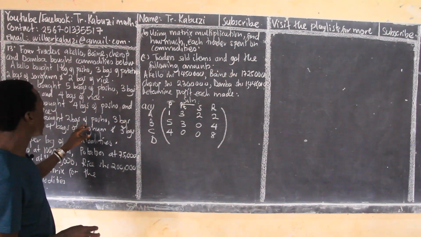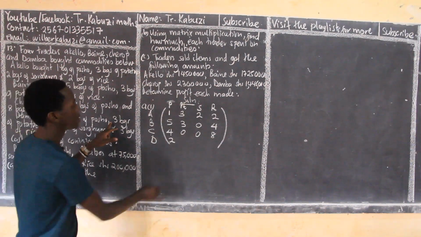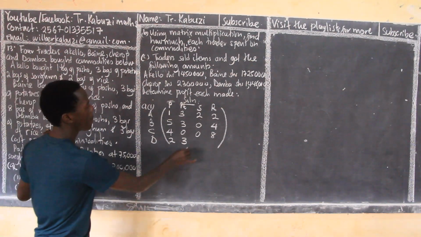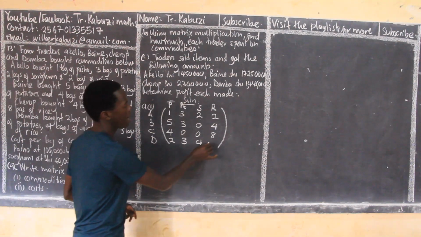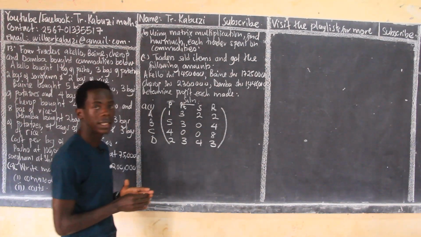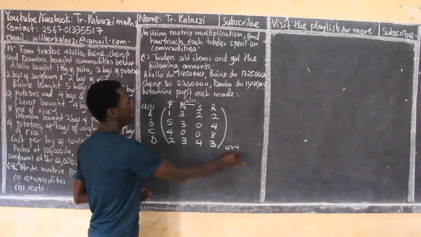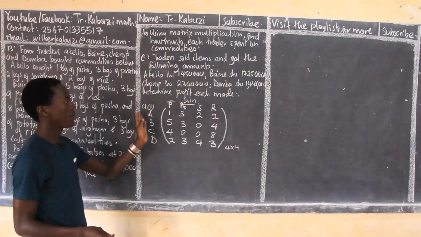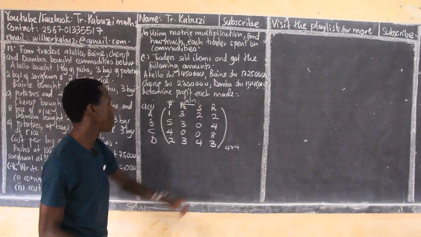Damba bought 2 bags of posho, 3 bags of potato, 4 bags of sorghum, and 3 bags of rice. So that is the matrix for the commodities. My matrix here is 4 by 4: 4 rows and 4 columns, so the order is 4 by 4.